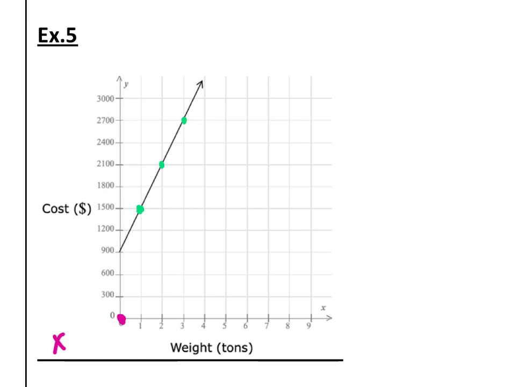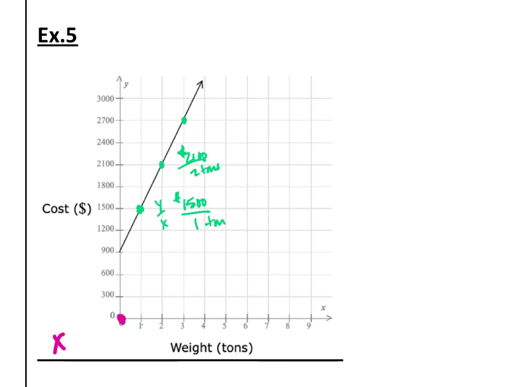So again, I'm going to go y over x. So if I have y over x, that means I'm going to have $1,500 for 1 ton. And this next one's going to be $2,100 for 2 tons.